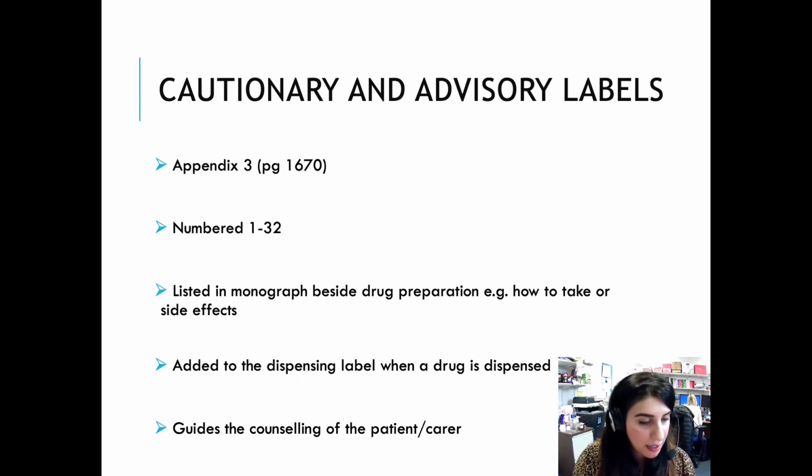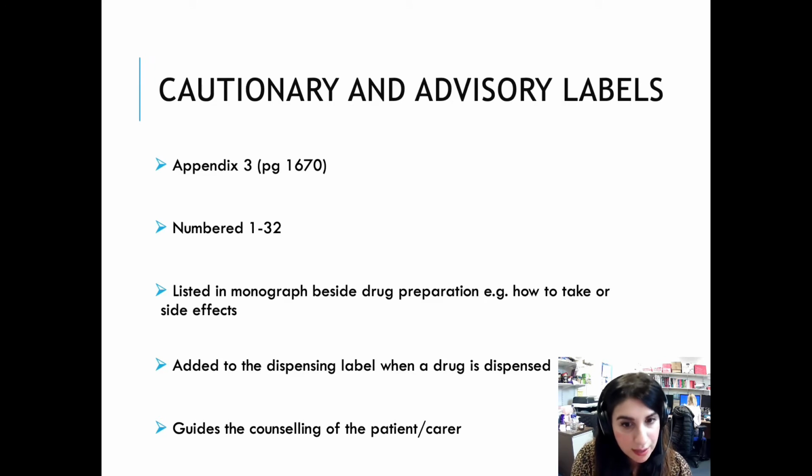On your online BNF, you'll notice that there are 32 cautionary and advisory labels. Okay, and they're all numbered, 1 to 32. Essentially what this means is that certain drugs need additional warnings on their labels. So when we hand out a drug to a patient, it will say the name of the drug, the strength, the dose, so take 1 tablet, and the frequency, twice a day.